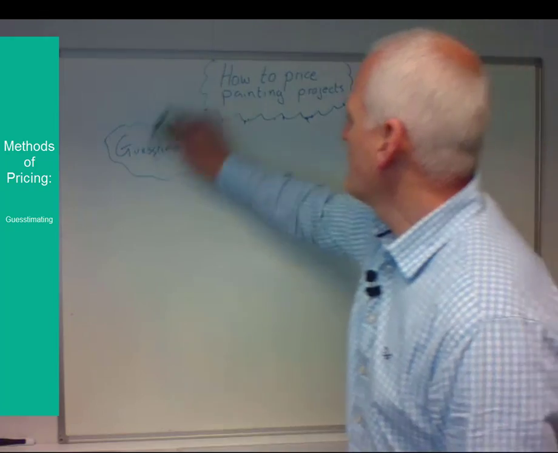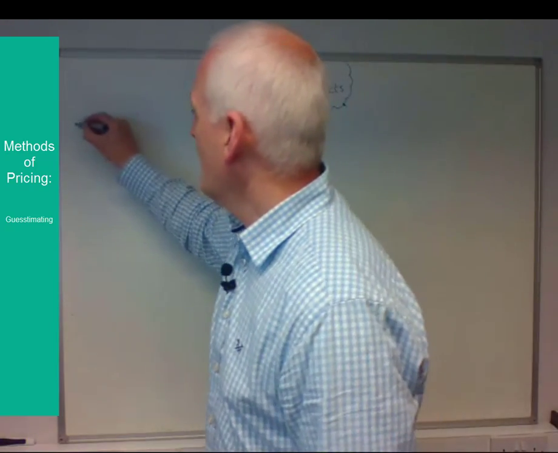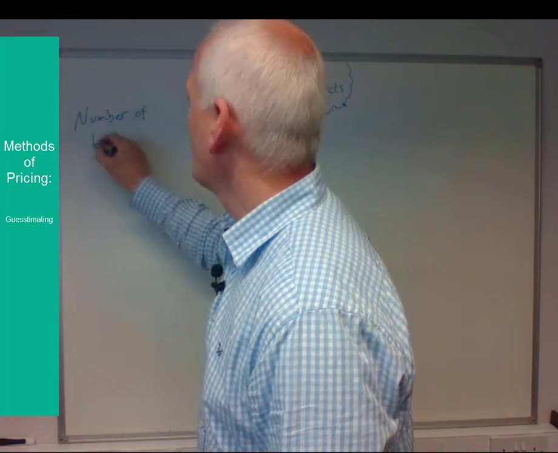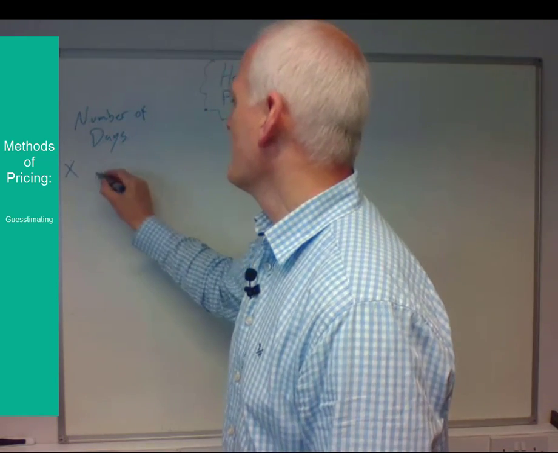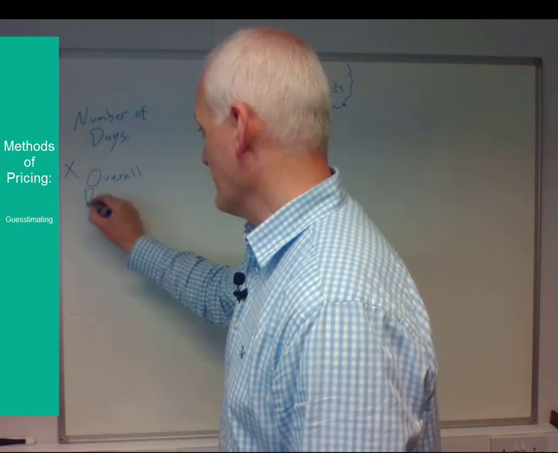So with the guesstimating method, you as a painting contractor are going to estimate how many days you think it's going to take to complete the works. You're going to multiply the number of days by what I'm going to call the overall daily painter charge.